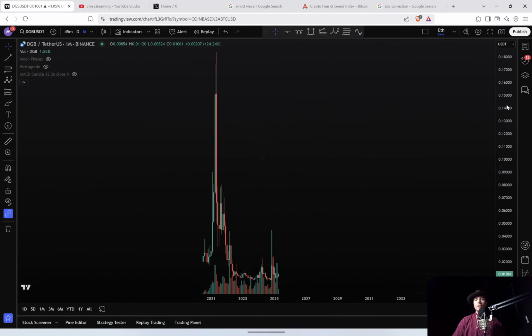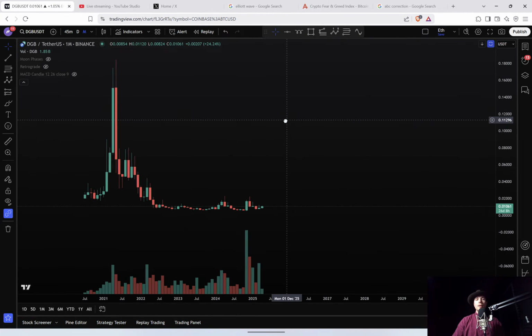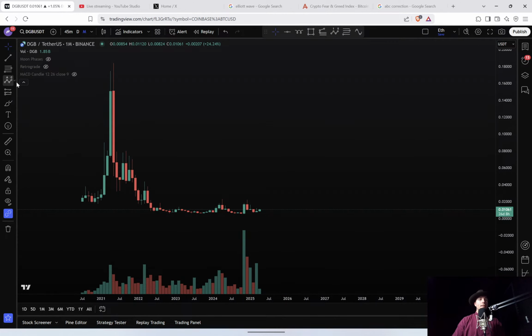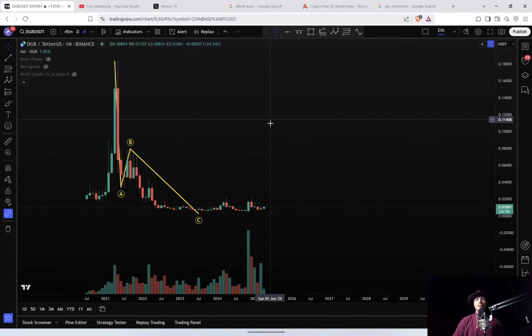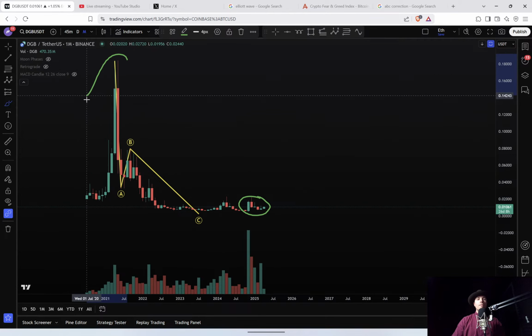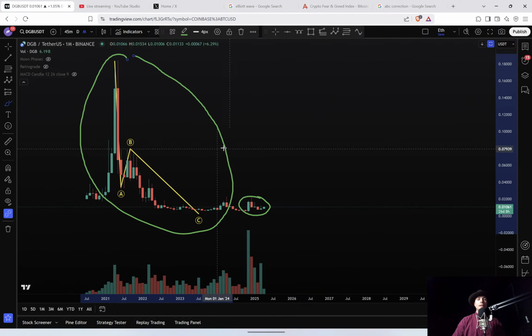If we pull out the chart to the bigger time frame, you can see we have a big ABC correction. So that little ABC on the smaller time frame is a microcosm of the macrocosm, the bigger ABC correction here for Digibyte.